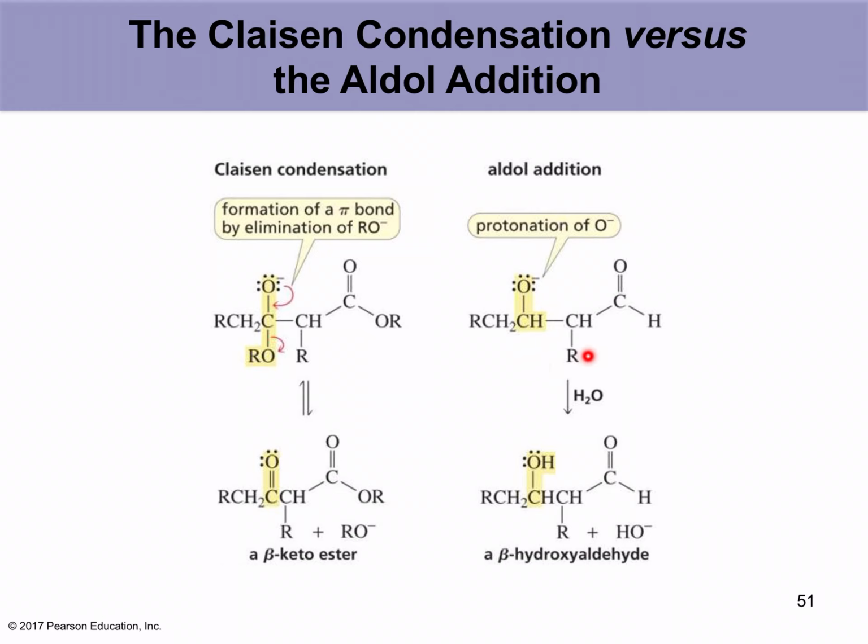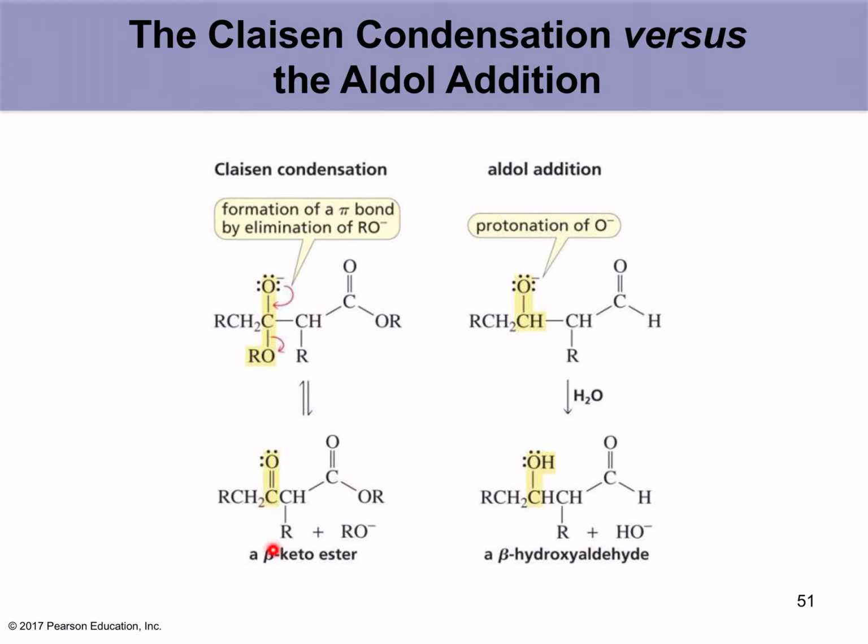What's going to happen to the aldol? Aldol does not have another group that can eliminate like alkoxide over here, but instead oxygen will protonate to give an alcohol. So we form beta hydroxyaldehyde in aldol addition, where in ester condensation we have a beta keto ester.